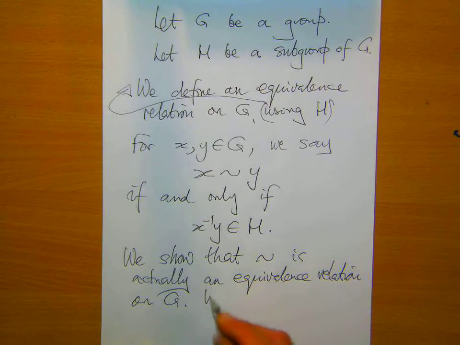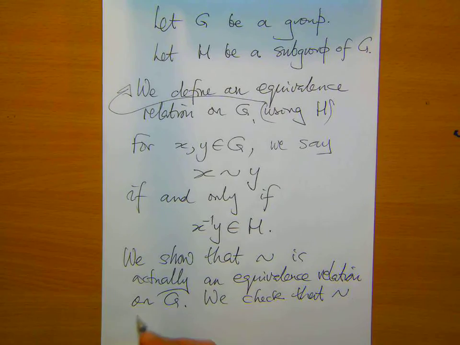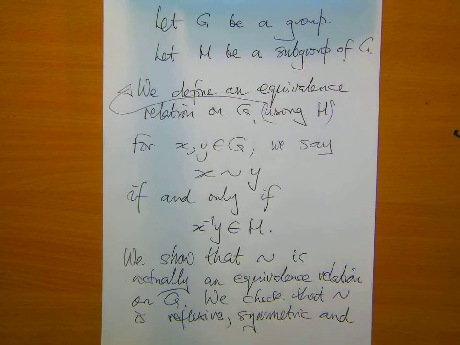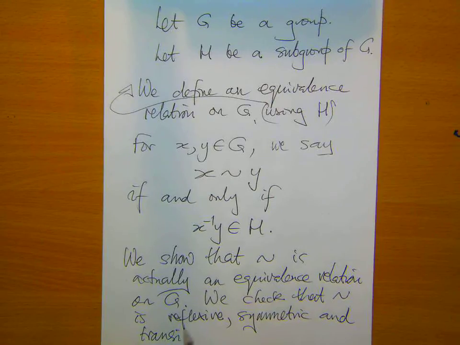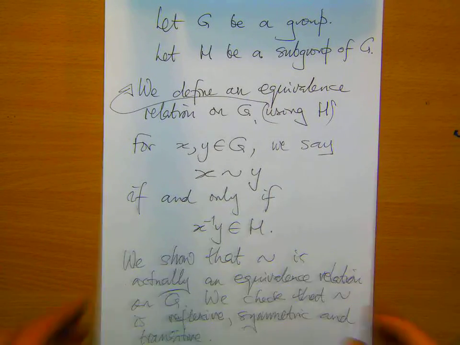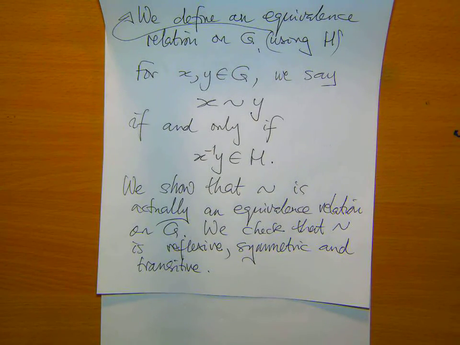So we check that tilde is, we usually do them in this order, it doesn't matter which order you do them, reflexive, symmetric and transitive. Notice it is RST if you want a little mnemonic. Reflexive, symmetric and transitive. So we now have to remember what reflexive, symmetric and transitive means.